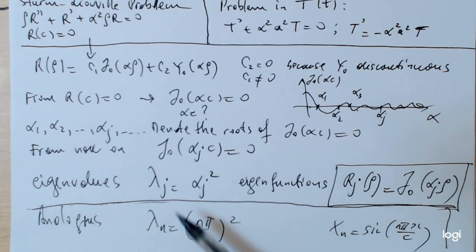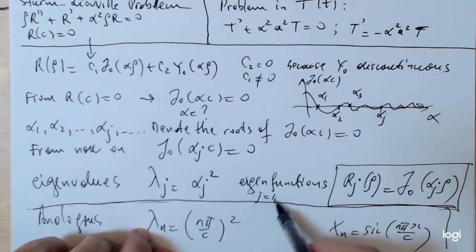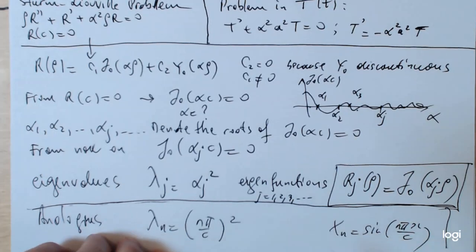It's customary to denote by j the index in this case. I don't know if it's customary, to be honest, because it's still going from 1, 2, 3, and so on, but just to keep in line with the notation in the book. So j takes all the values from 1 to infinity.